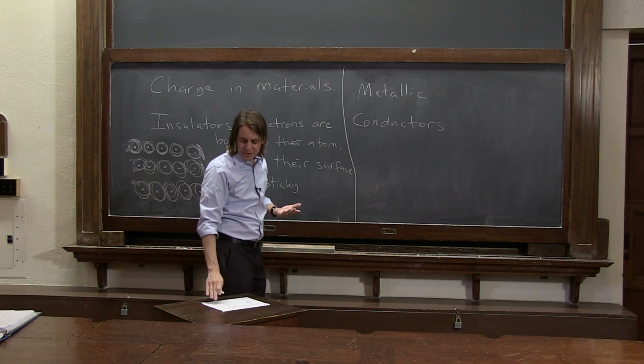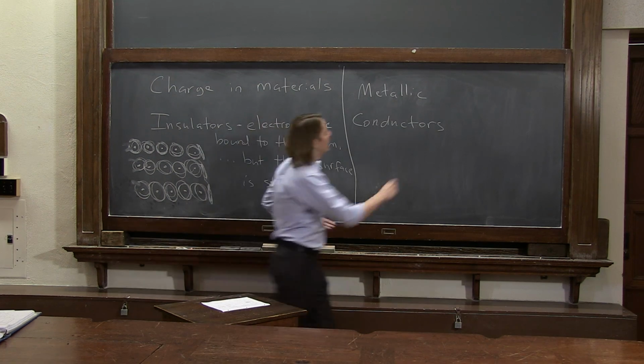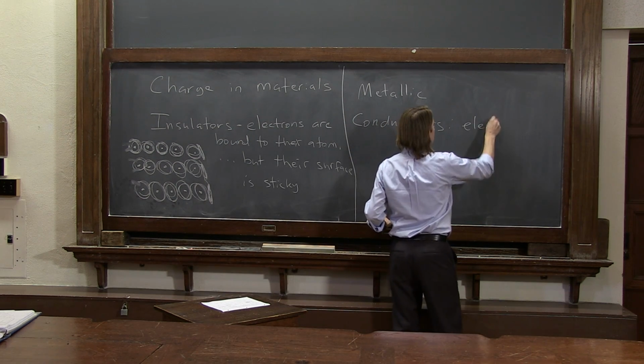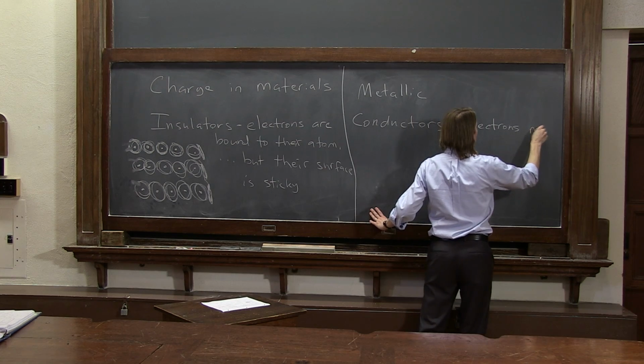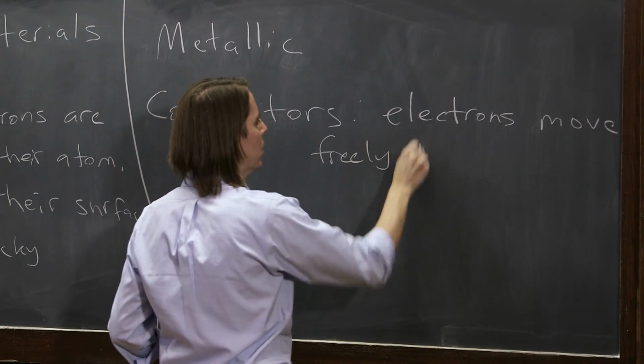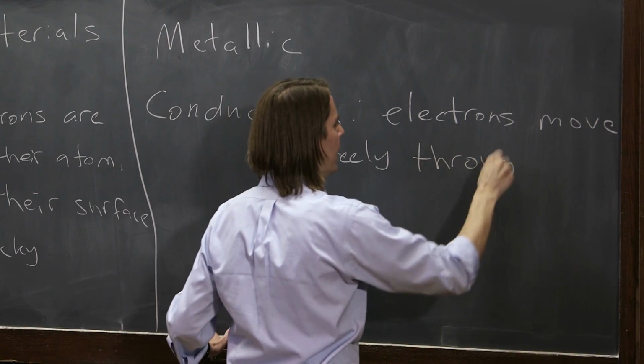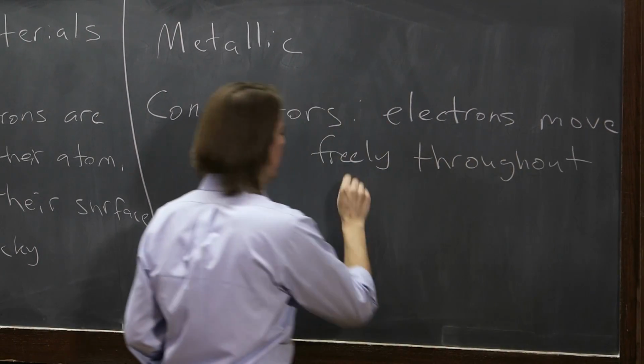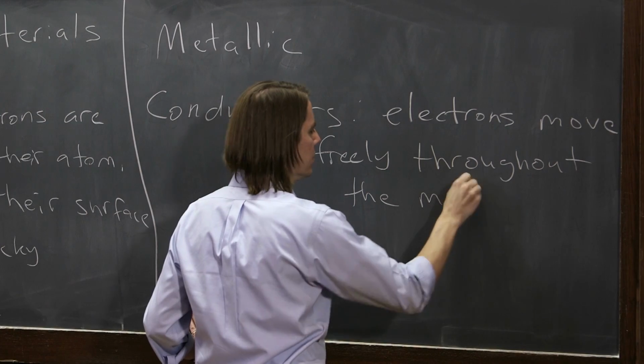Okay. So in a metallic conductor, some electrons move freely throughout the material.